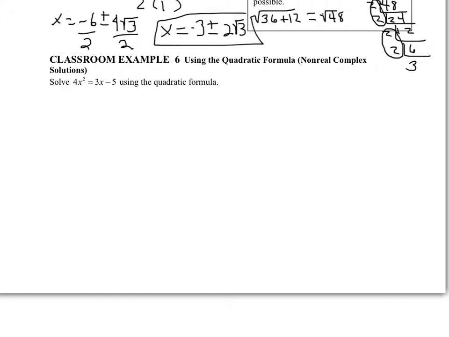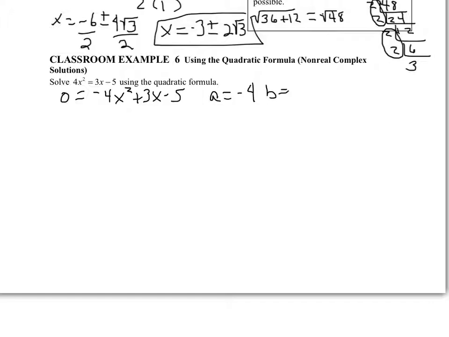So let's say that we move the 4x squared to the right by subtracting 4x squared from each side, and we'll have 0 equals negative 4x squared plus 3x minus 5. So we set it equal to 0. That will give me an a value of negative 4.